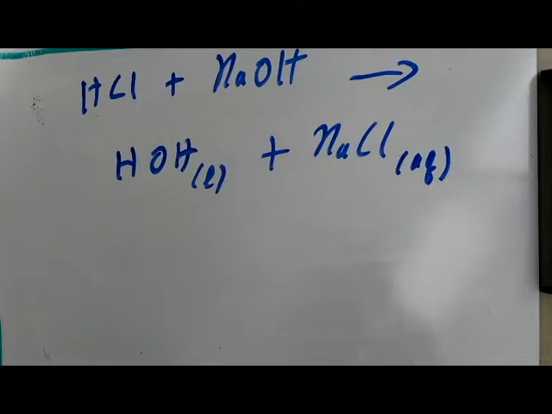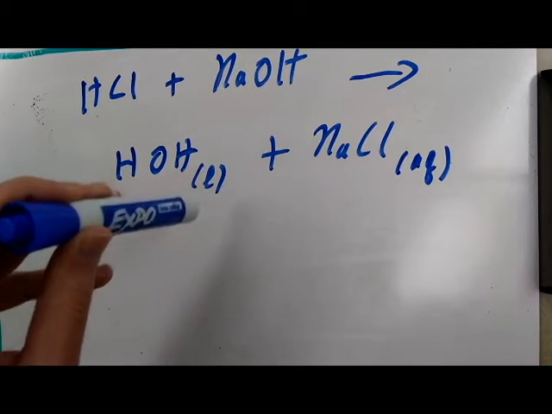So this is an acid-base reaction. It's the exact same thing as a normal double displacement. We just know what the products are going to be ahead of time. It's going to be water and some type of salt. But if you don't have that memorized, that's fine. You just go about it the same as you would in the other one and recognize that HOH, that is water, it is a liquid.